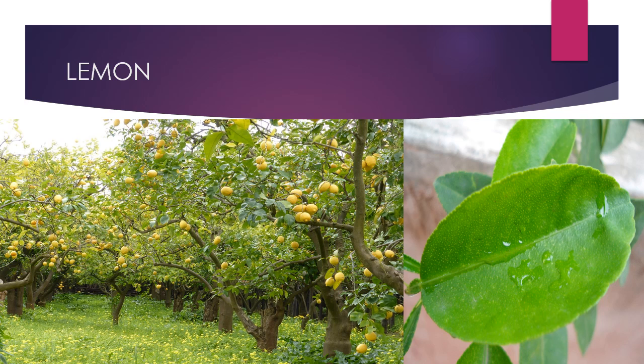Next leaf shown to us is of lemon. This is a lemon leaf, and you can see the lemon tree also in the given picture. Children, the lemon is a species of small evergreen tree in the flowering plant family Rutaceae, native to South Asia, primarily Northeast India.